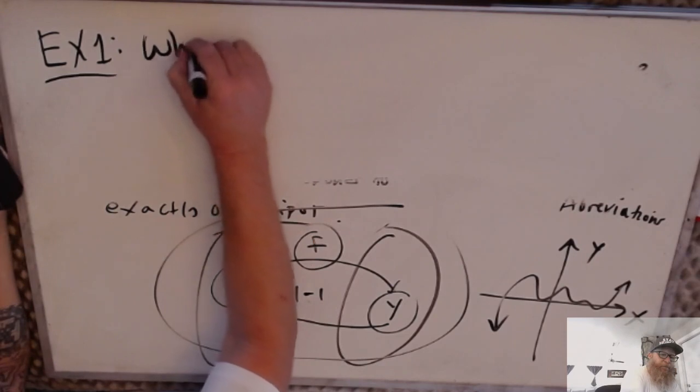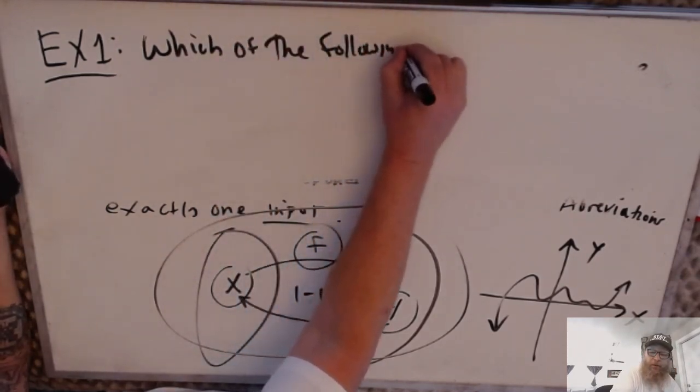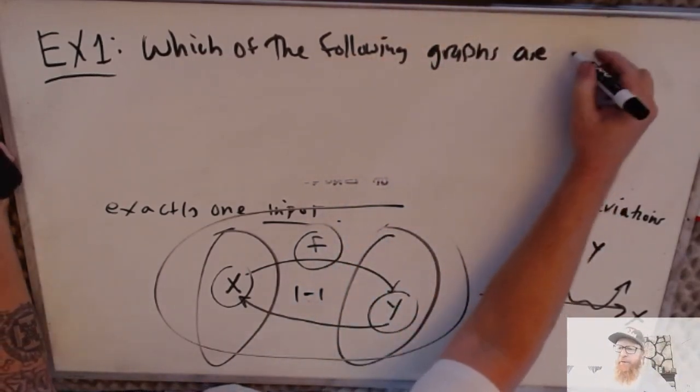Example 1. Which of the following graphs are one-to-one functions?